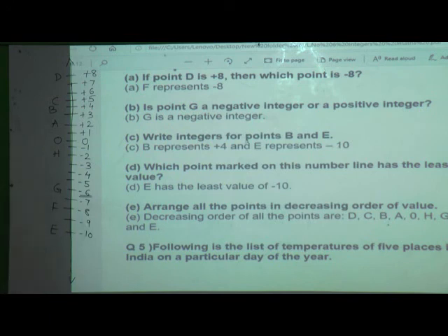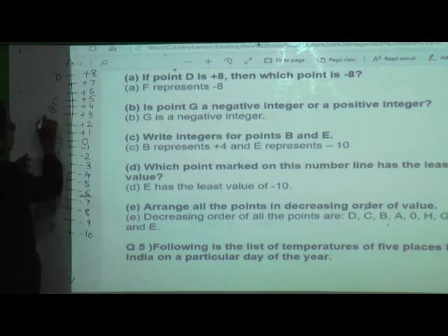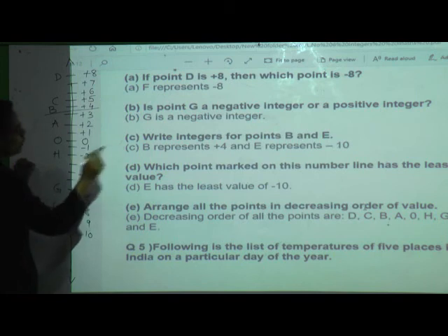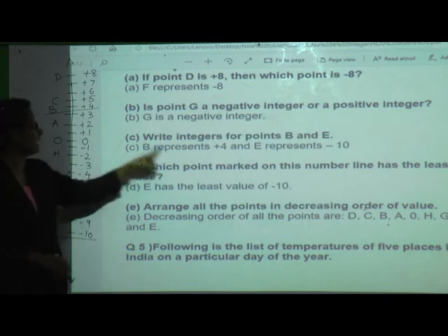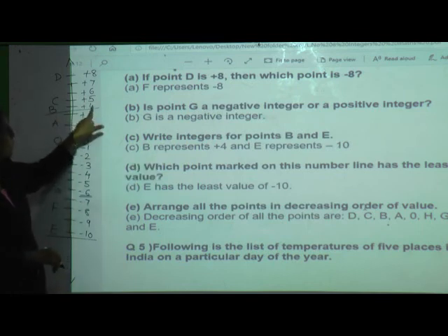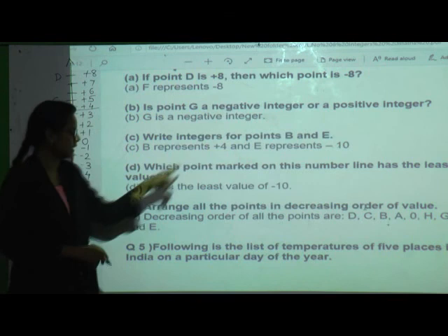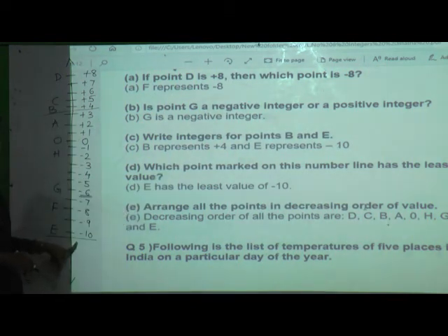Write integers for points B and E. Okay, so let us see. For point B we have plus 4 and for point E we have minus 10, right? B represents plus 4 and E represents minus 10.